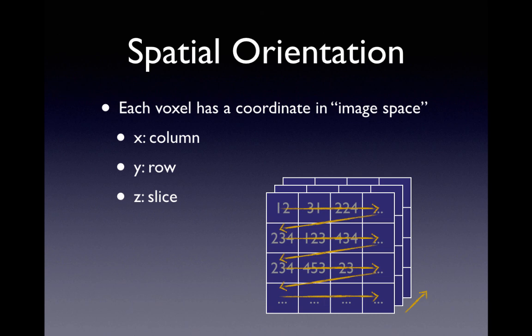But if the image is acquired sagittally, then these planes correspond to planes acquired like this. And that information is in the image header, in the image metadata, and it's important when we're using multiple images of the same subject and trying to compare them. If that information is not correct, the images might not be lined up correctly.